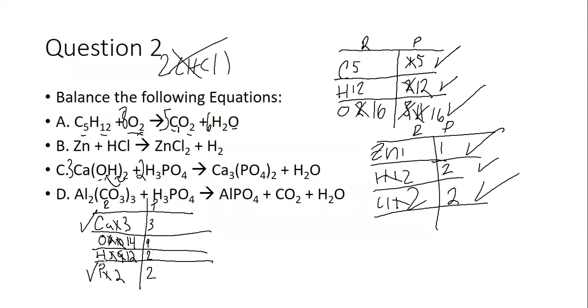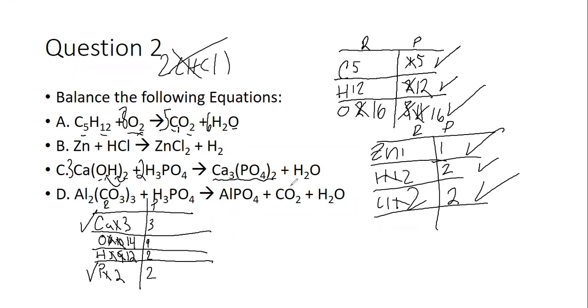The only thing left is our oxygen and hydrogen. So if I just focus on hydrogen, I have 12 on the left, 2 on the right. And remember, our calcium and our phosphorus is already balanced. So I'm going to try not to mess with this compound. I'm going to try and leave this compound as is and just mess with water.